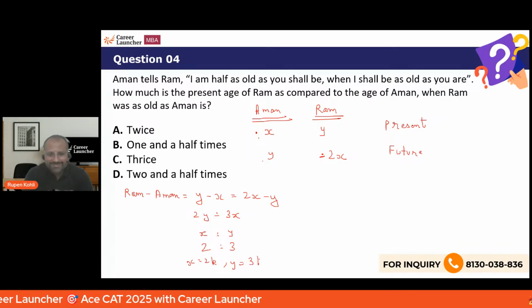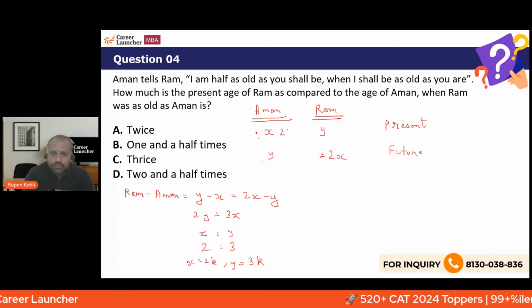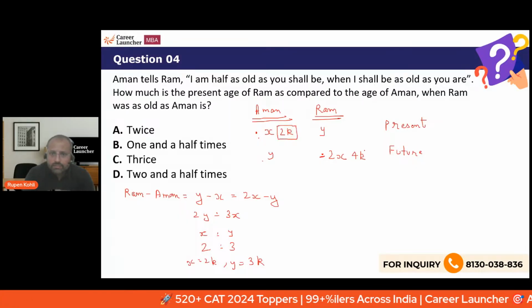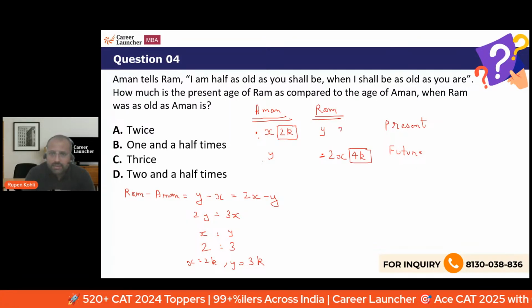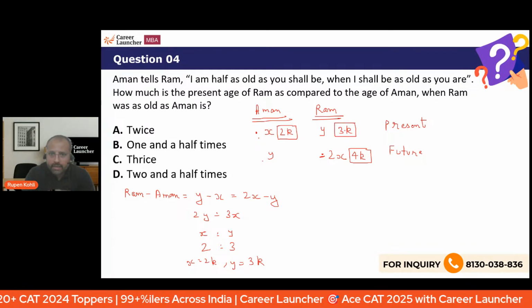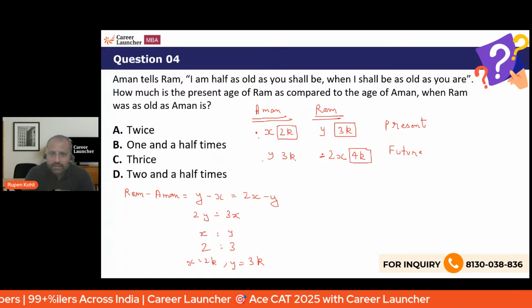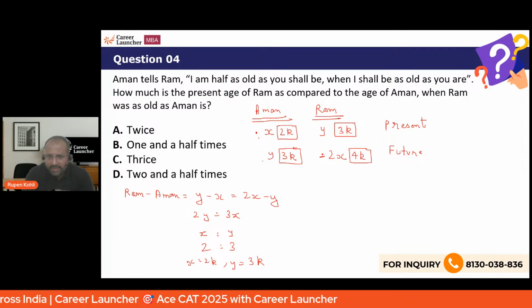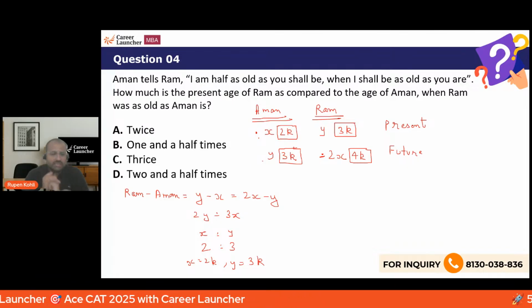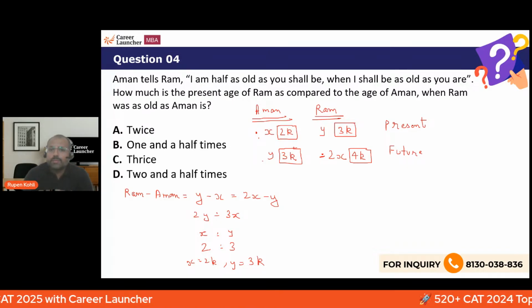Yes or no? Now coming back to this, if I do that, then x is 2k. So this is 2k, this is 4k, and y is 3k. This is the way we have been able to express the ratio of the ages, both in present and future, for the two persons.